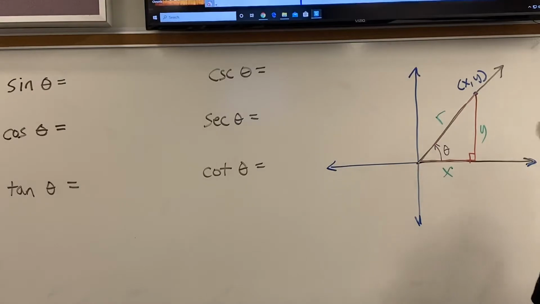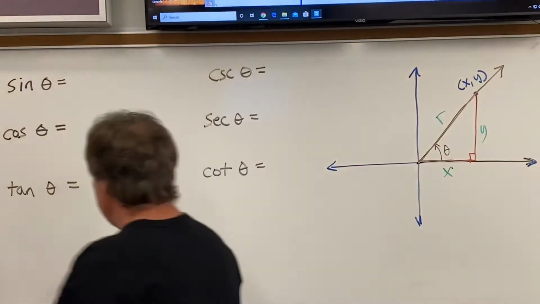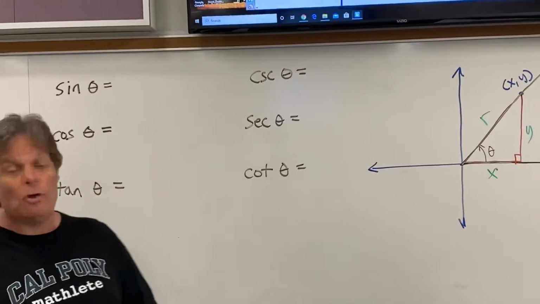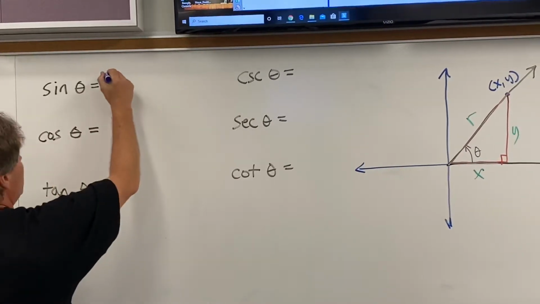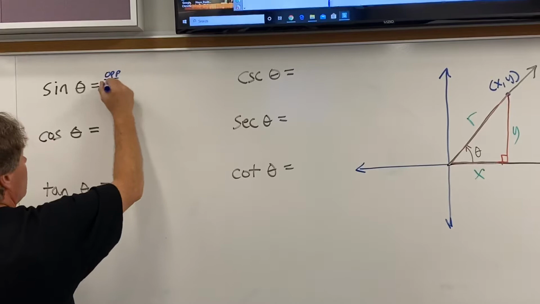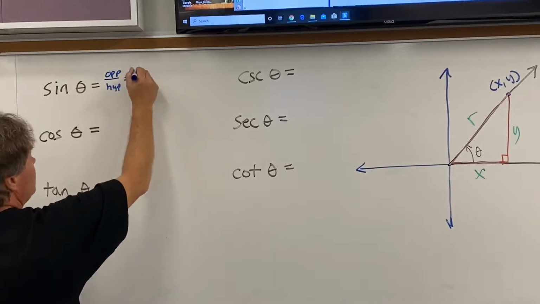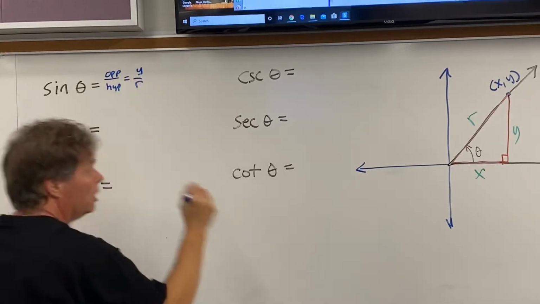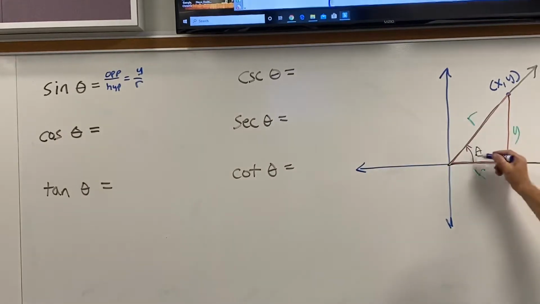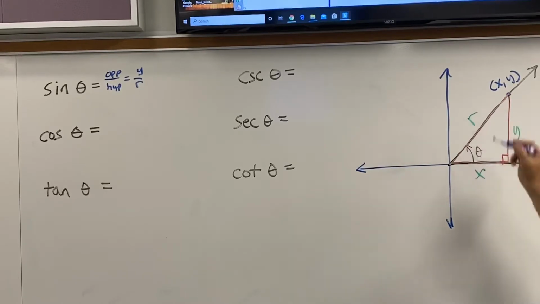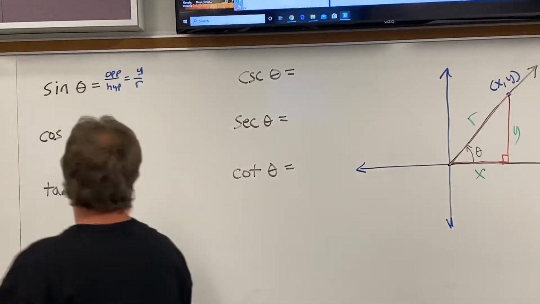So here's how it goes. The sine is always opposite over hypotenuse, right? So it's going to be opposite over hypotenuse, which is y over r. Because notice, y is the side that's opposite the angle. X would be the adjacent side. So opposite over hypotenuse would be y over r. That's going to be sine.